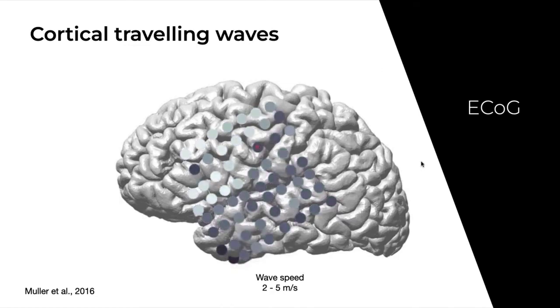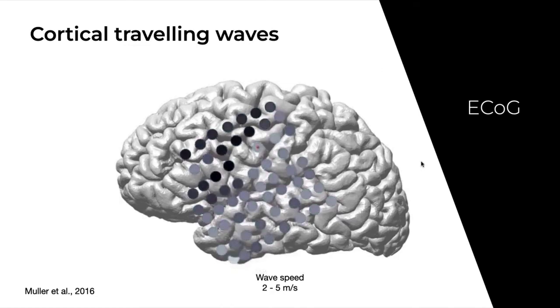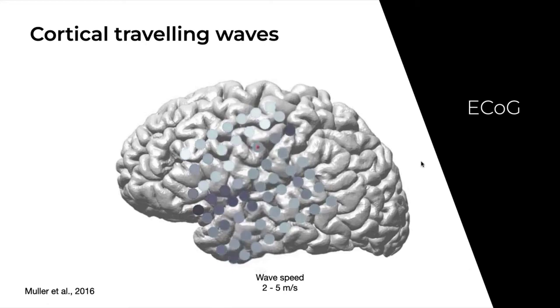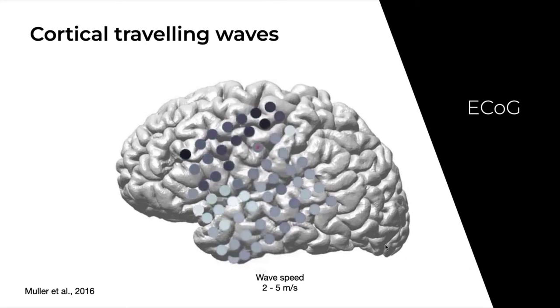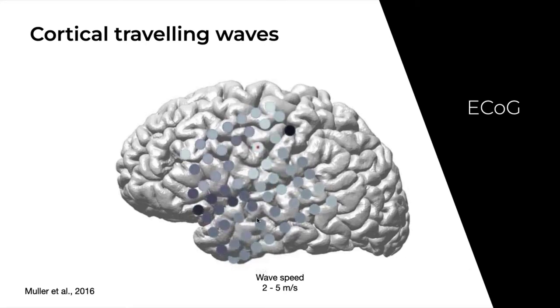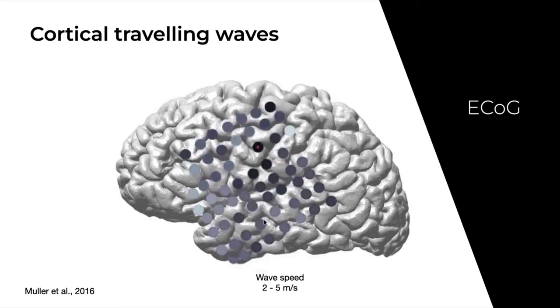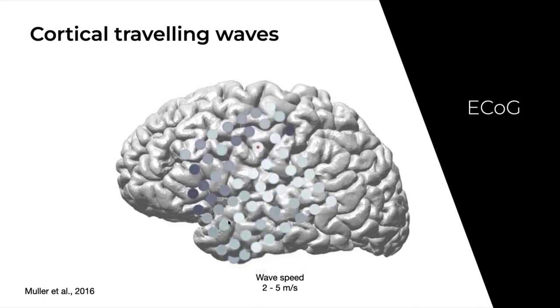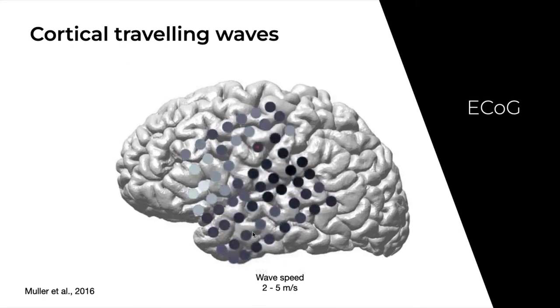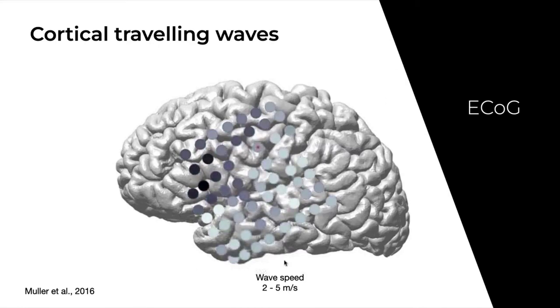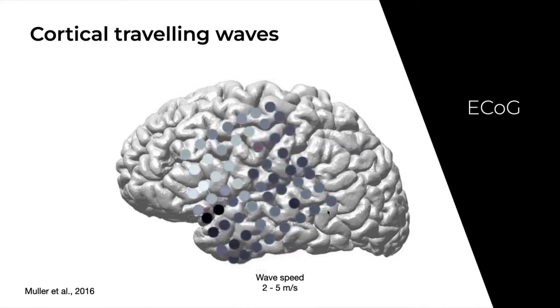And in this study, we looked at cortical traveling waves in sleeping patients. And as you can see here, the activity propagates in a rotating wave around the center of this ECoG array. And this would, of course, be an example of a large-scale traveling wave that spans almost across the entire cortex.